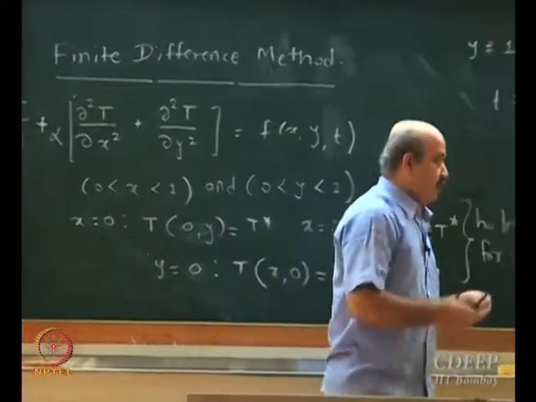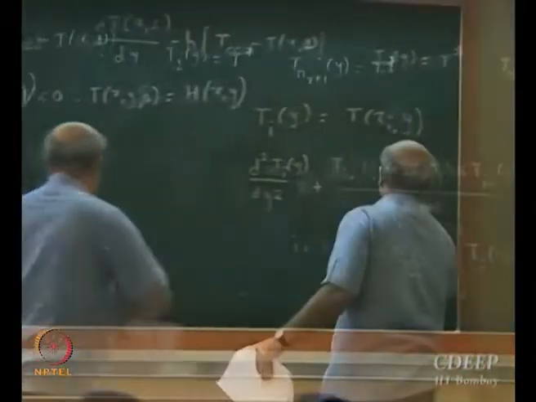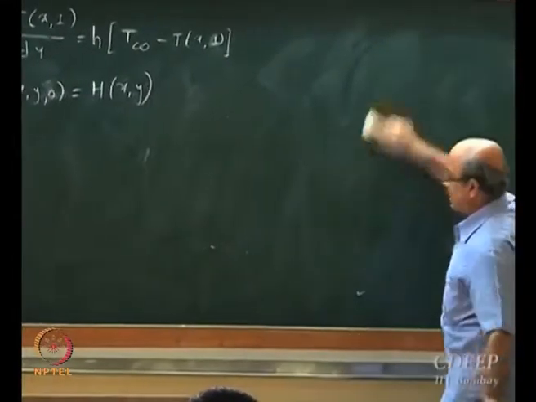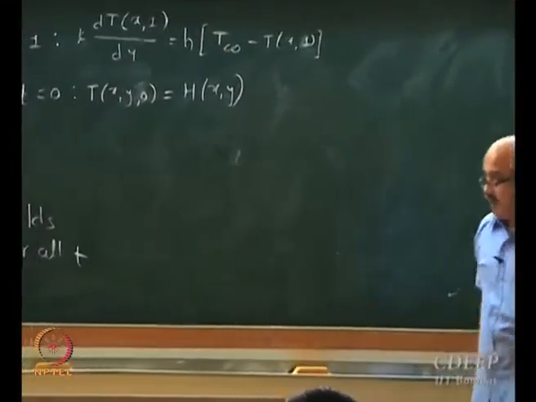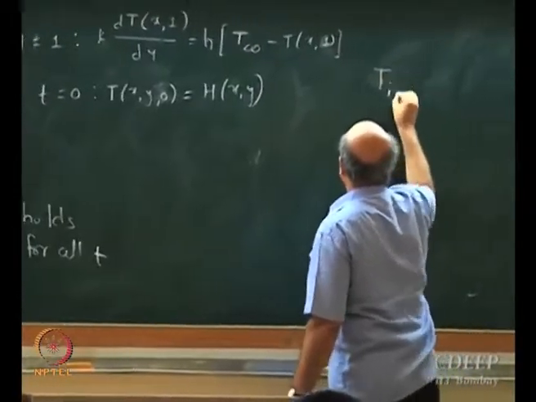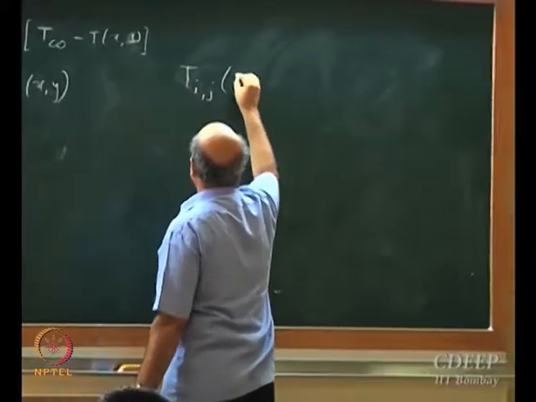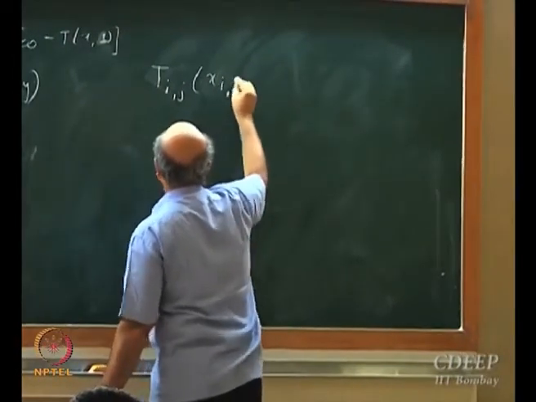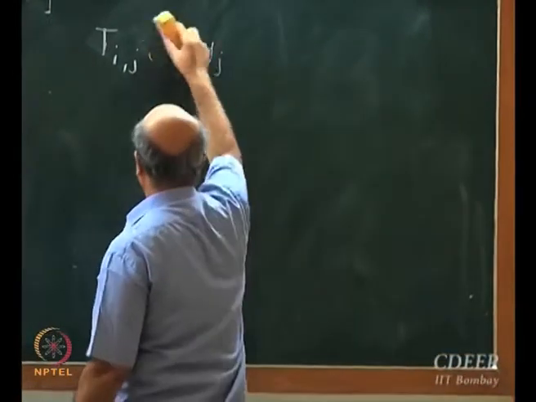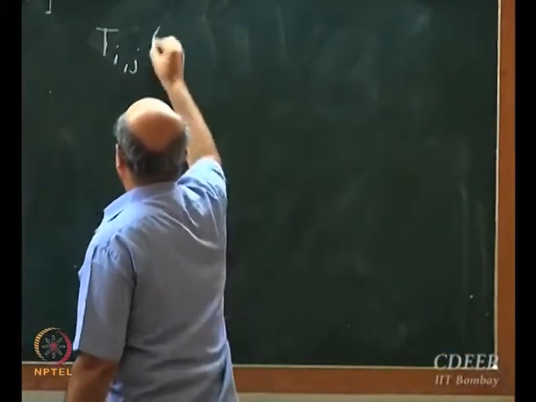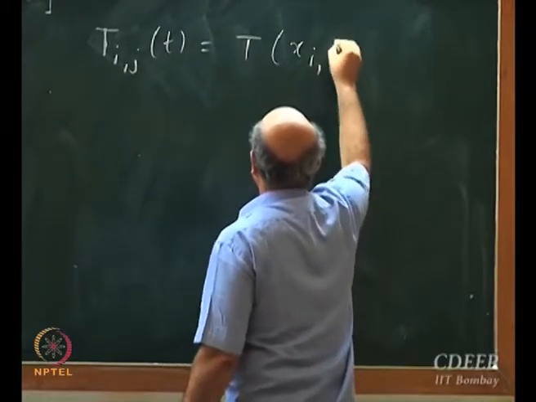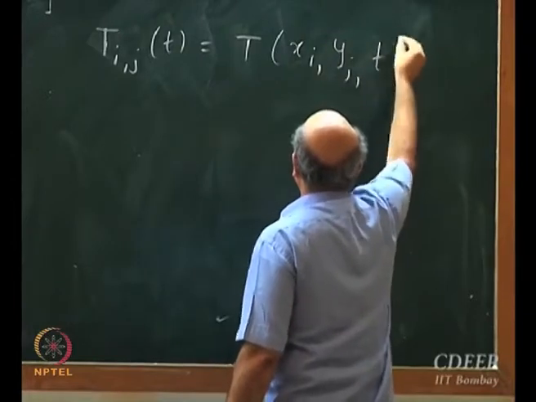Here I am not going to completely write the solution, you can work it out. I am just going to hint at the solution. I am going to call T i j of t equal to the temperature at x i, y j and t.